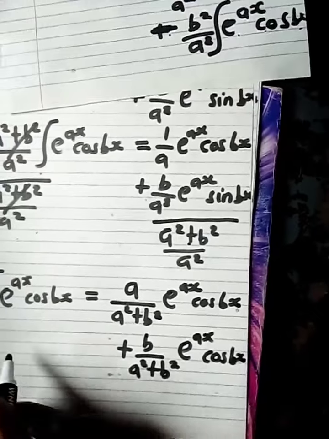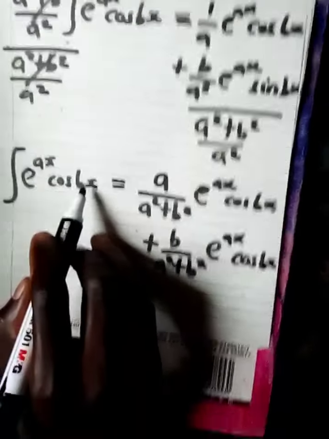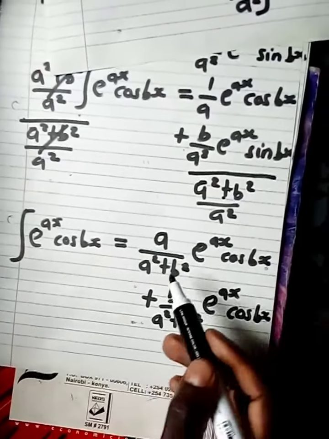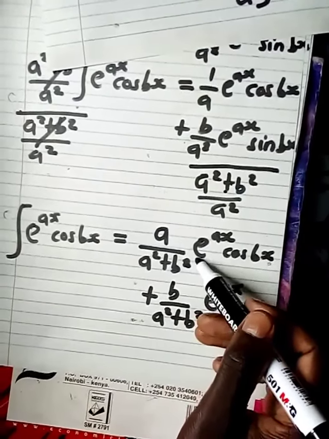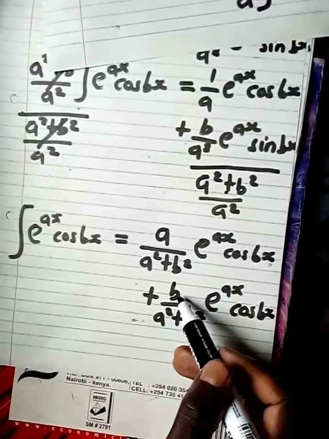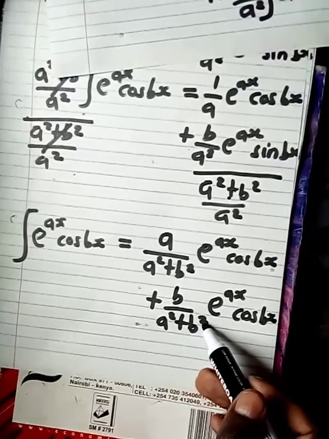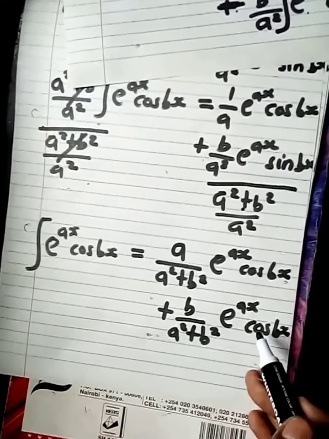So this one is the integration of exponential ax cos bx.